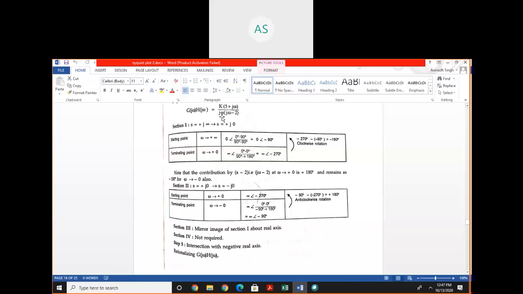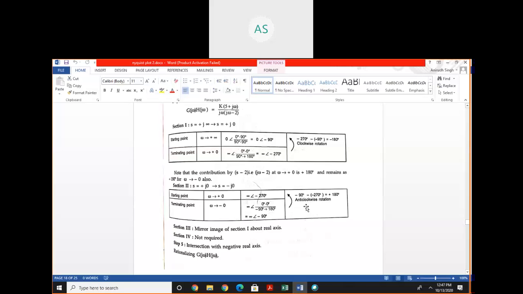This is the mirror image of the polar plot, and omega is plus 0 and omega is minus 0 are joined by 180 degrees. When omega is plus 0, magnitude and angle are given by infinite and minus 270 degrees.